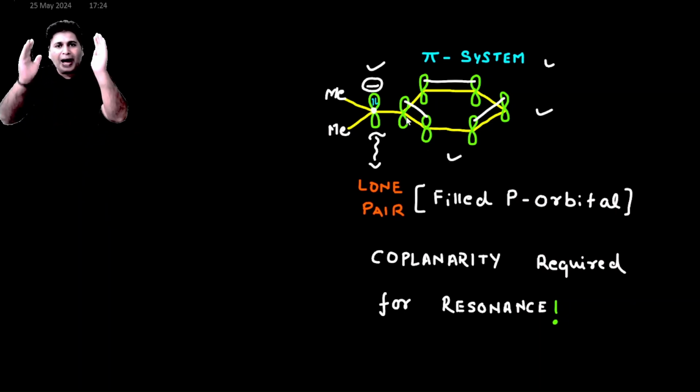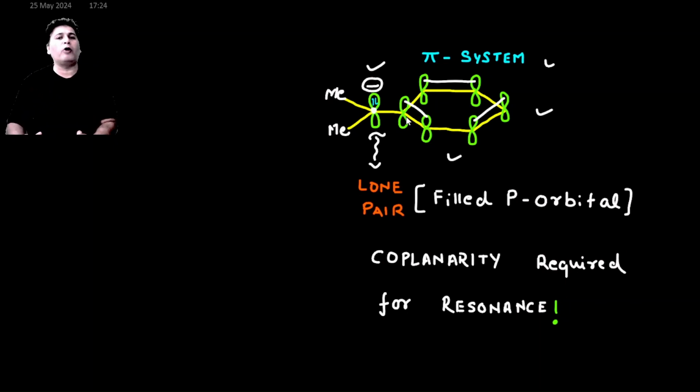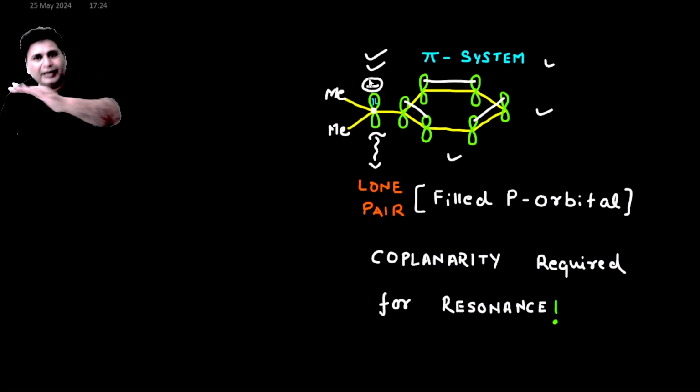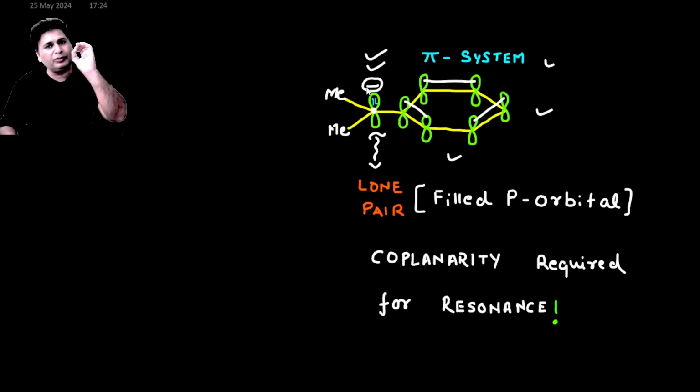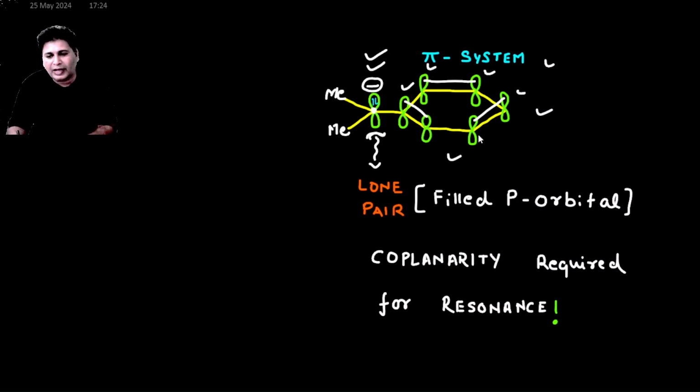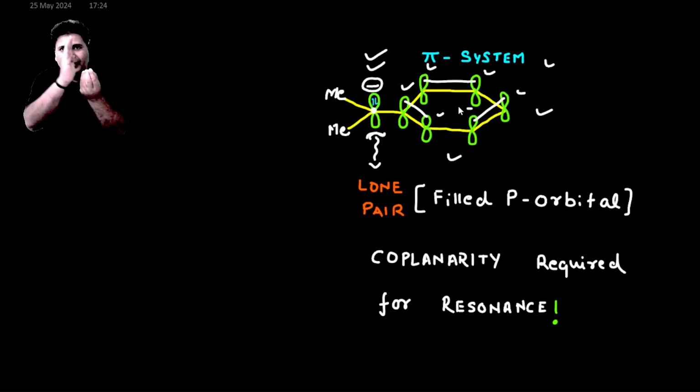This parallel orientation is important for this lone pair to get delocalized into the benzene ring and for resonance to happen. So this is the important requirement, that the lone pair carrying orbital must be parallel to all the 6 p orbitals of the benzene ring, or you can say this lone pair carrying orbital must be parallel to this pi system.